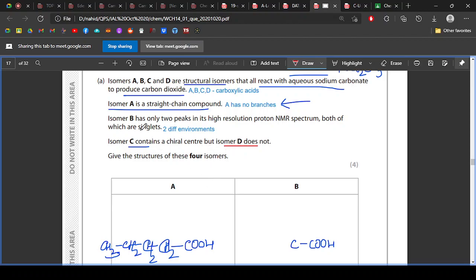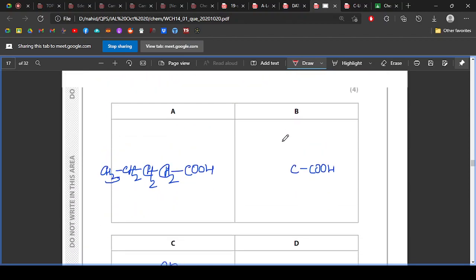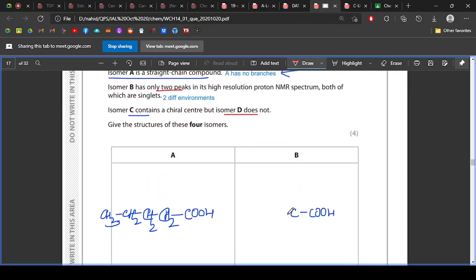But B, they're saying it has two peaks in its NMR. Two peaks, and they said both are singlets.